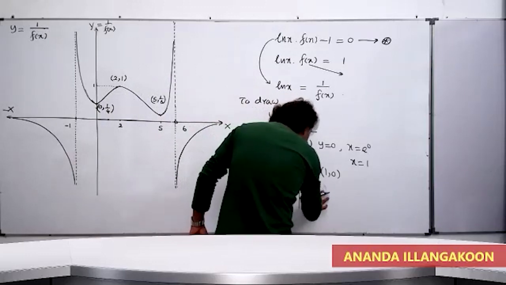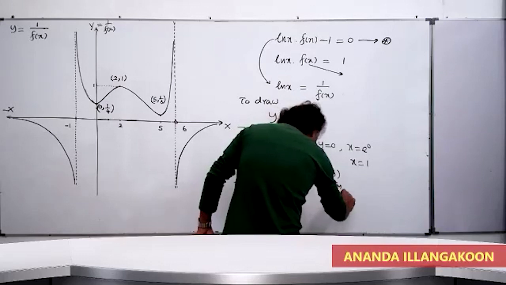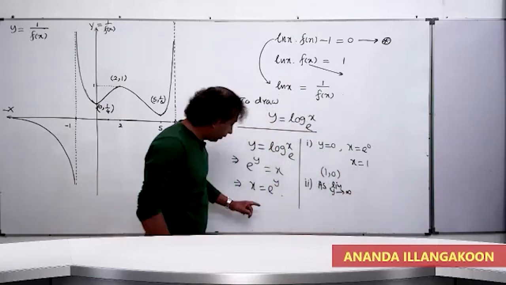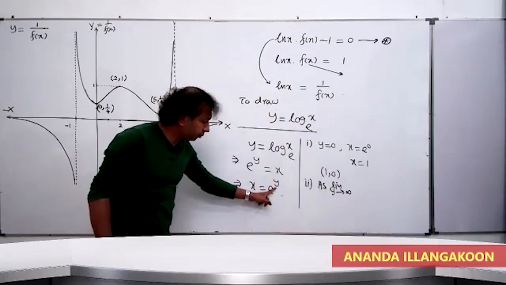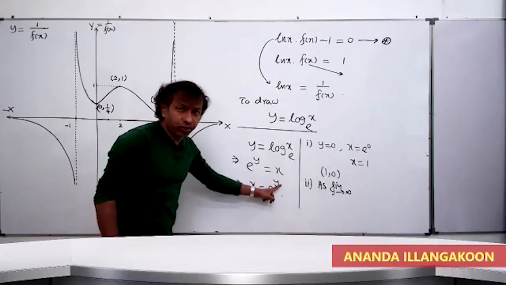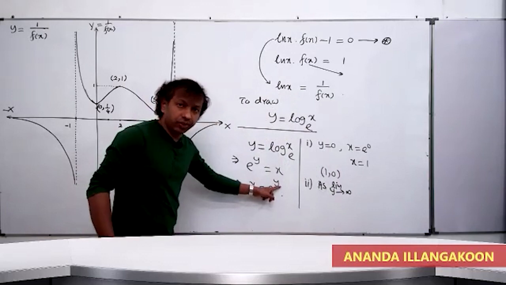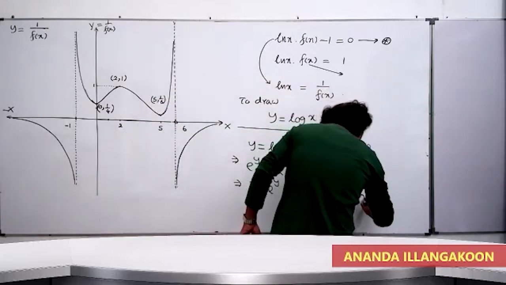As the limit y going to infinity, now put infinity for this y. What do you get? e means 2.71. 2.71 to the power infinity is infinity, no? x going to plus infinity. Limit x going to plus infinity.